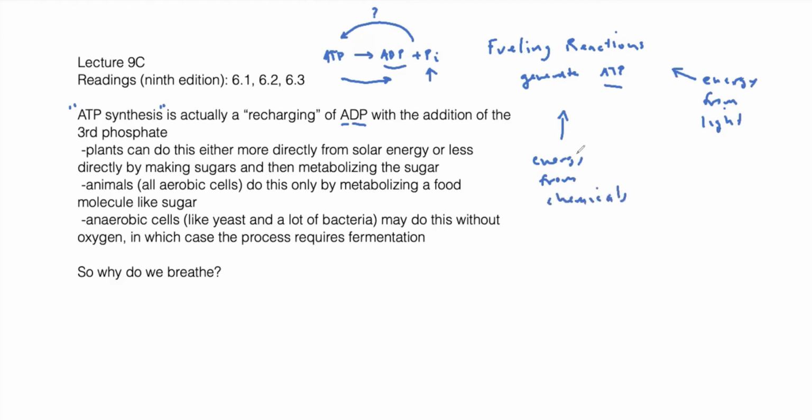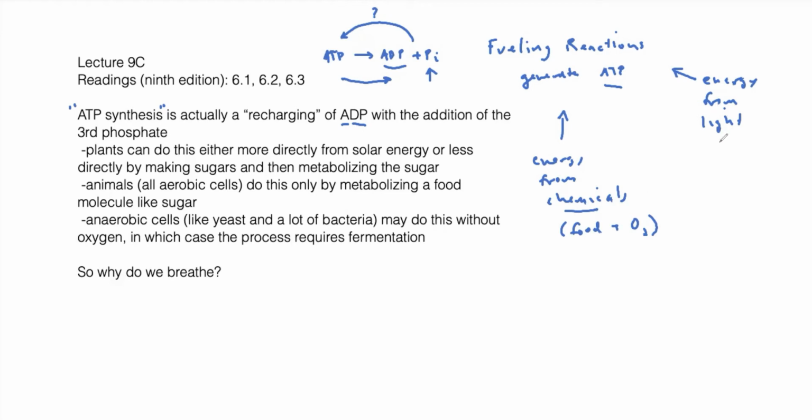And your cells are obviously using chemicals. By chemicals, I mean food. Right? Food, as well as the oxygen that you breathe in, right? Food and oxygen, that's what you throw into the furnace in order to generate the energy that we'll be using to drive ATP.